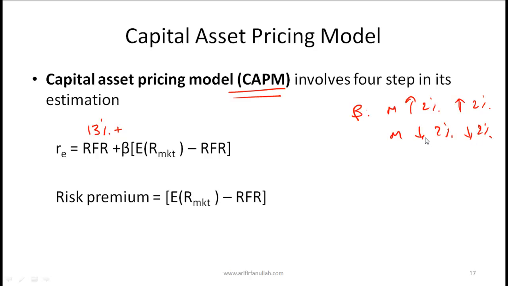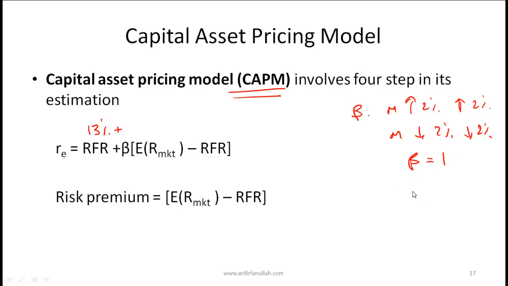So if essentially this stock moves up and down with the market, then we say that beta is equal to 1. So in other words, market beta is 1, and if a given stock moves up and down with the market, then that stock has a beta of 1.